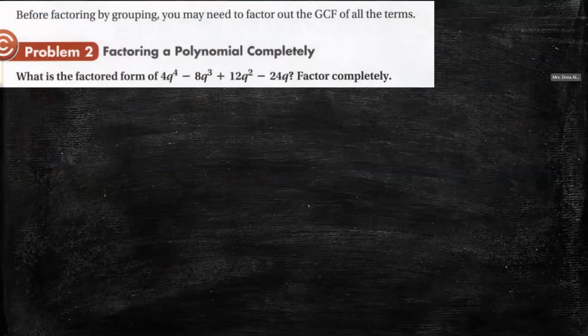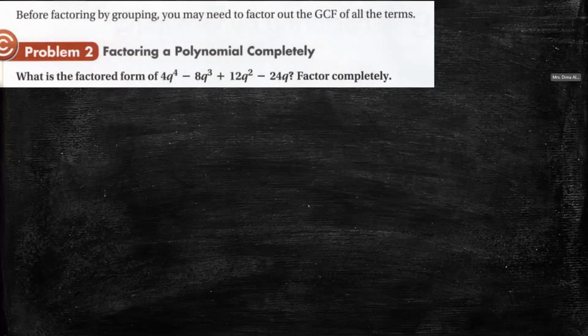This is a 4th degree polynomial. But before factoring this polynomial by grouping, you must find the greatest common factor of all the terms. Look at the last term here.